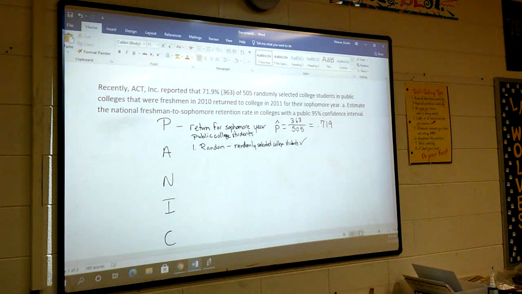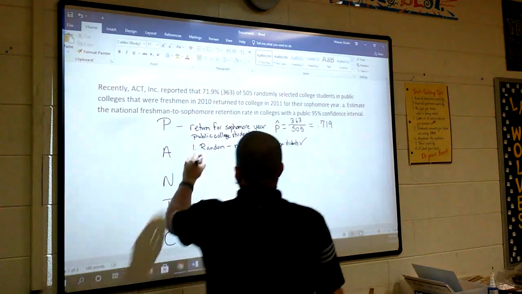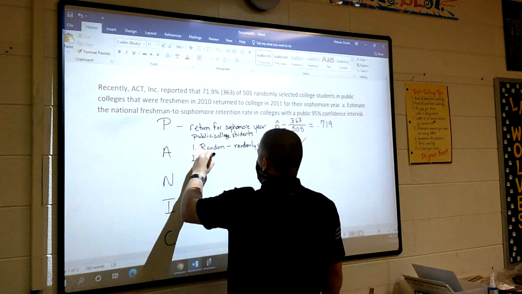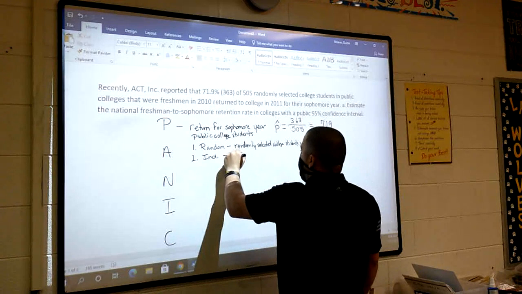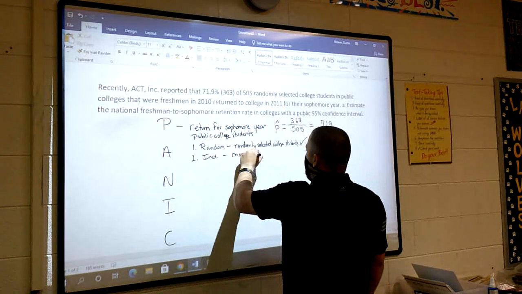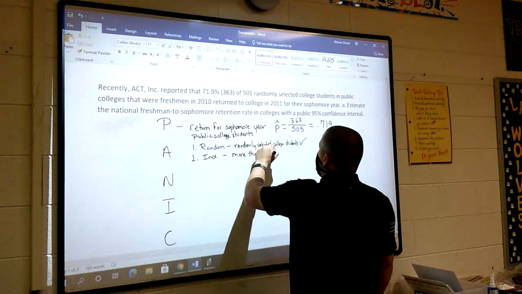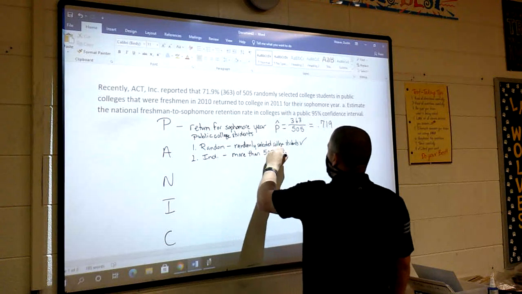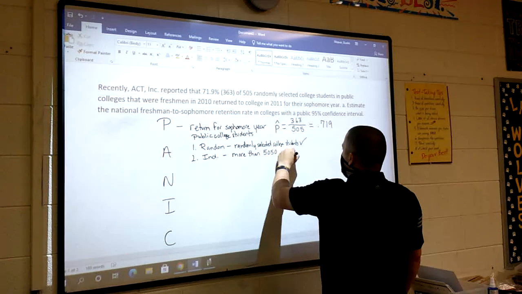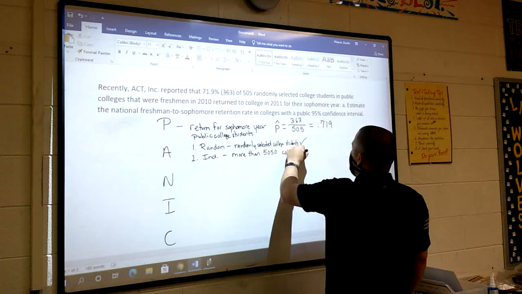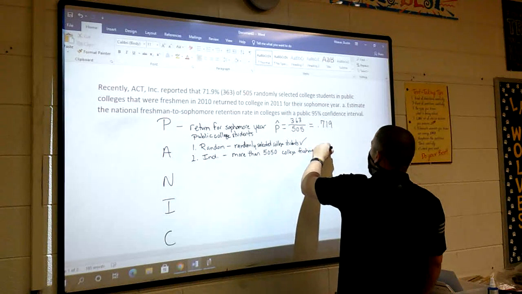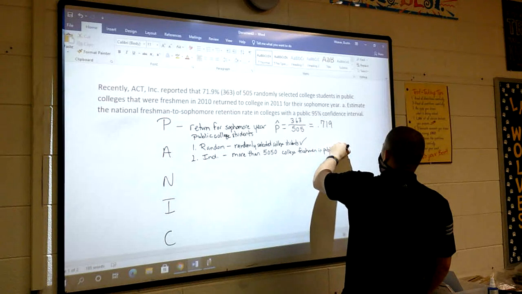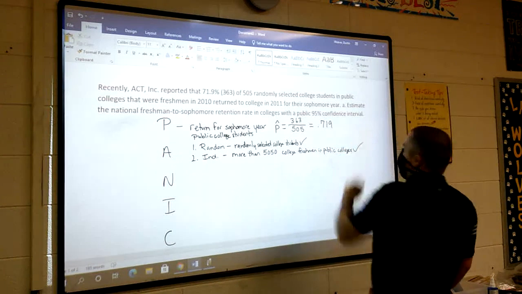Number 2 is independent. Independent means there should be more than 5,050 college freshmen in public colleges. You think so? Yes, absolutely. Now why did I pick 5,050?